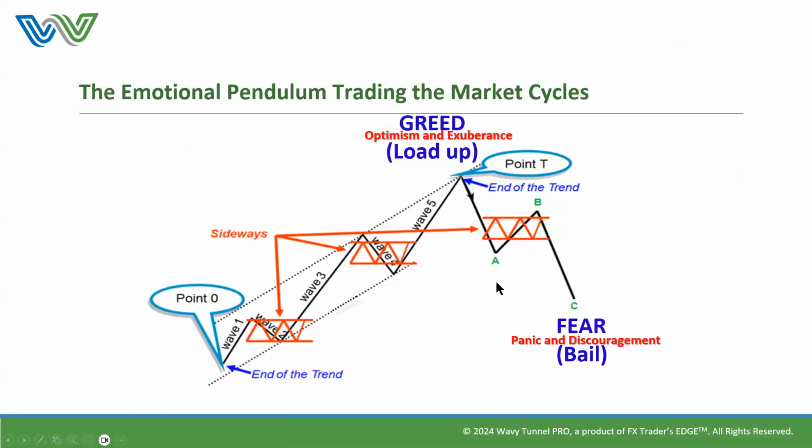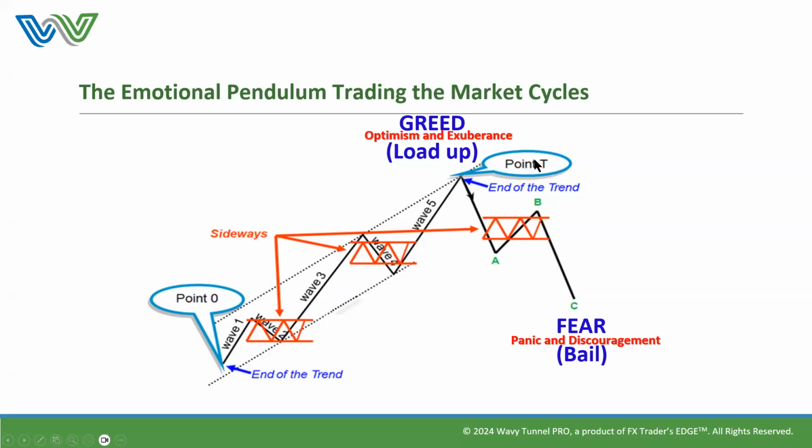This is the market cycle, and you can see the emotional pendulum trading the market cycles as we move up in a trend market. And you can define a trend by putting channel lines around the trend. Up here, the market is very optimistic and exuberant and almost greedy, loading up.